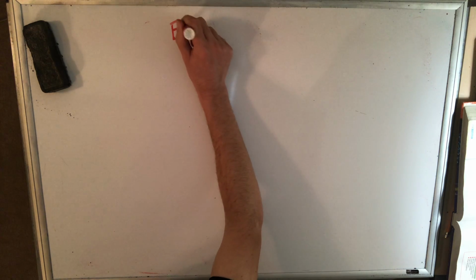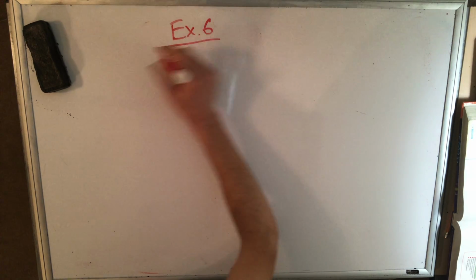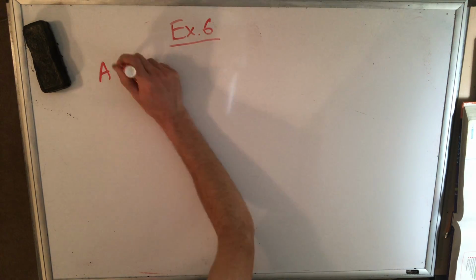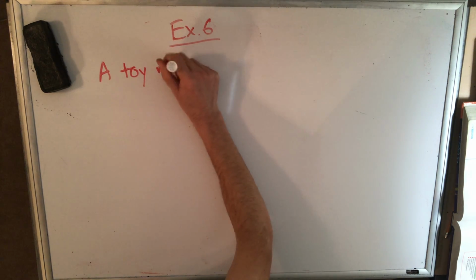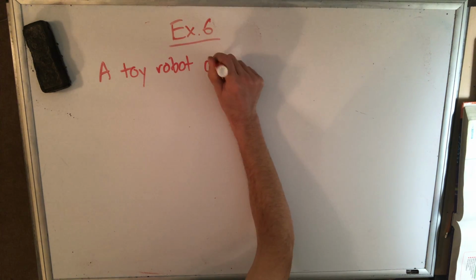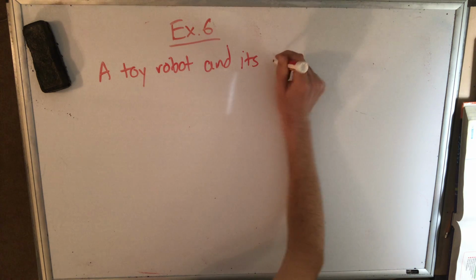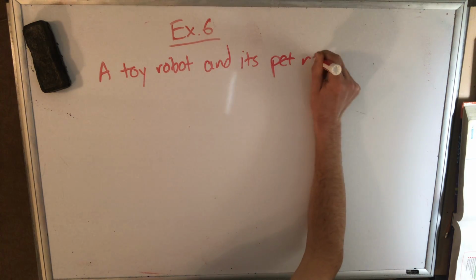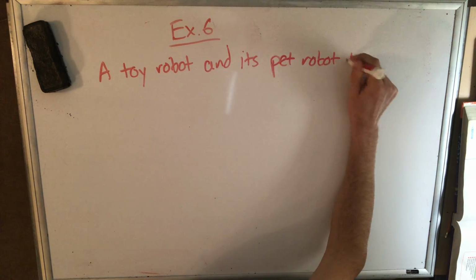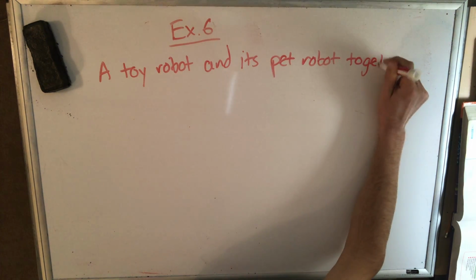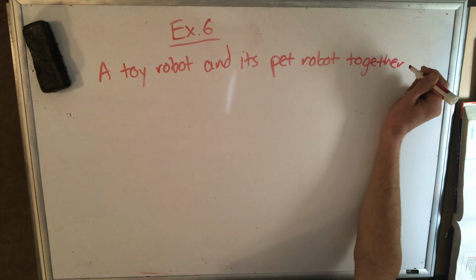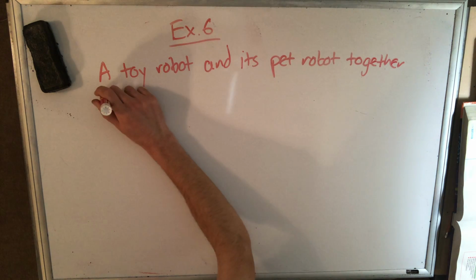So let's write that out. Example 6. A toy robot and its pet robot together weigh 204 kilograms.